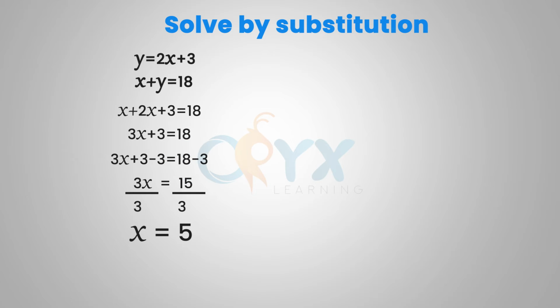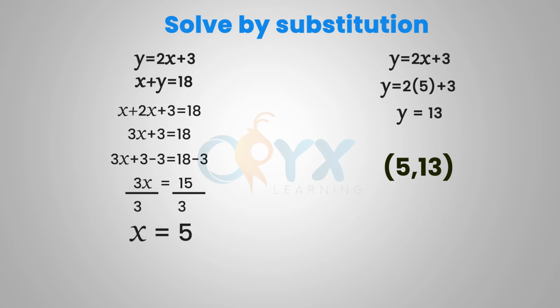Now we go back to the original equation, which was y equals 2x plus 3. Substitute in 5 for x and solve for y. That will leave us with y equals 2 times 5 plus 3, which is 10 plus 3, or 13. So the solution to the system is 5, 13.